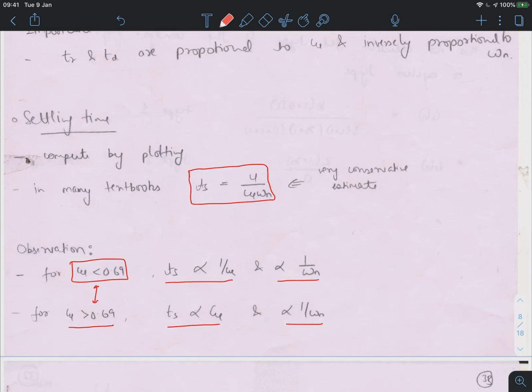But it might be possible that for some system where you have xi less than 0.69, you see this behavior where Ts is inversely proportional to xi and omega n, which is basically this one. But for xi greater than 0.69, you would see that Ts actually becomes directly proportional to xi.